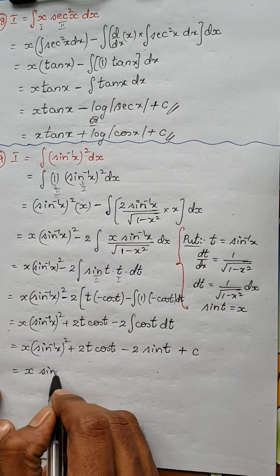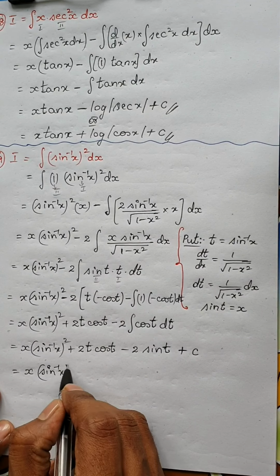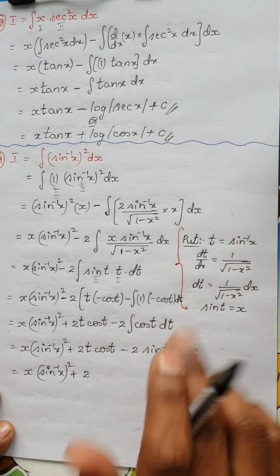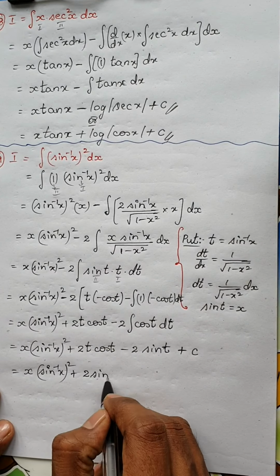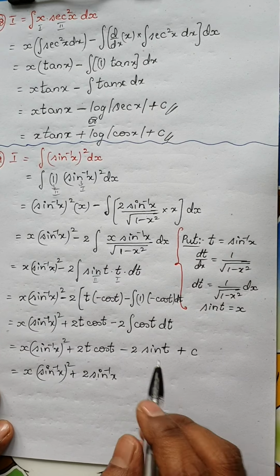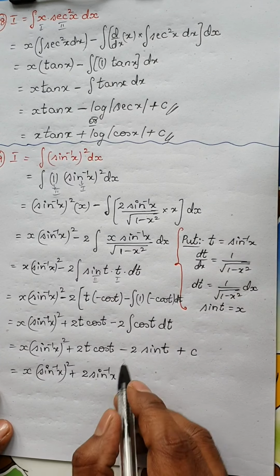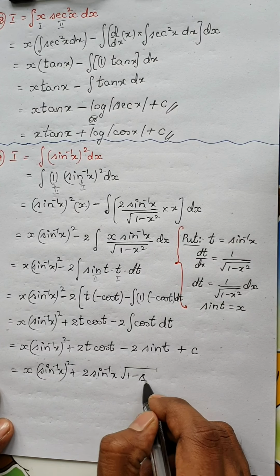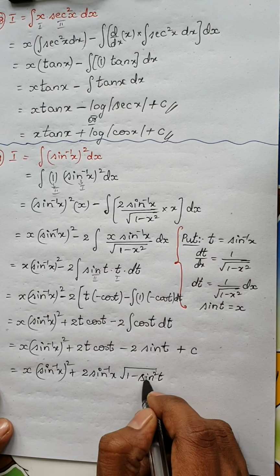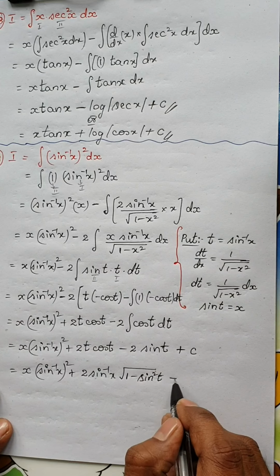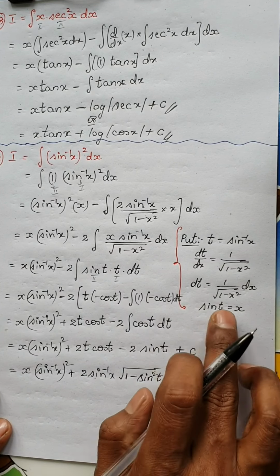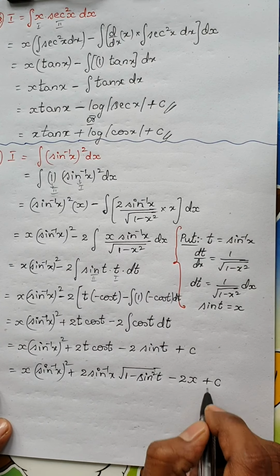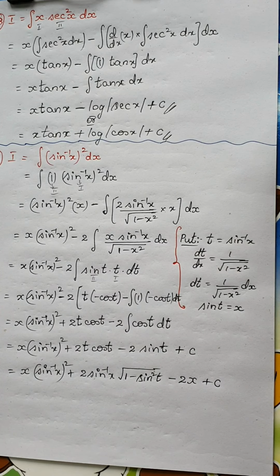I have x into sine inverse x whole square as it is plus 2 times, now what is t? We know t is sine inverse x. Now cos t can be written as root of 1 minus sine square t, isn't it? Minus 2 into, as I told you, what is sine t? Sine t is x plus c, the constant of integration.